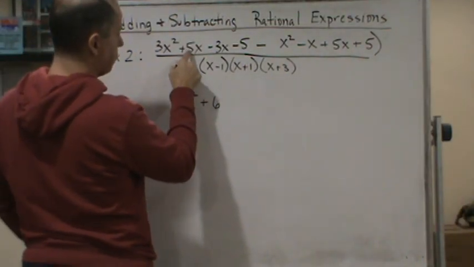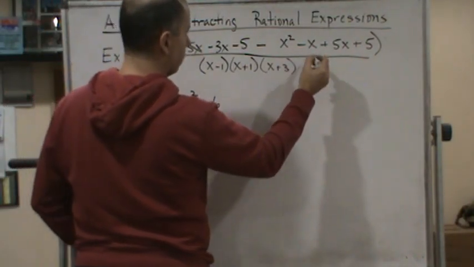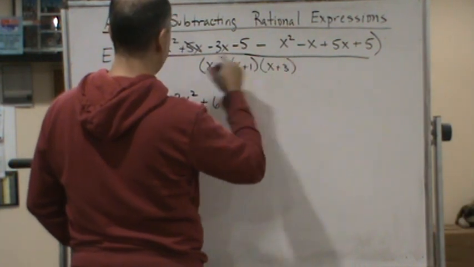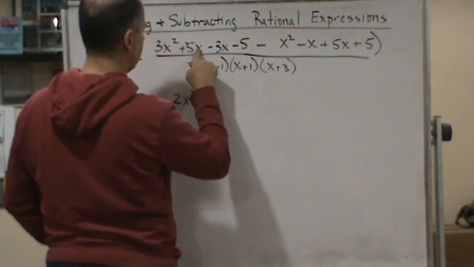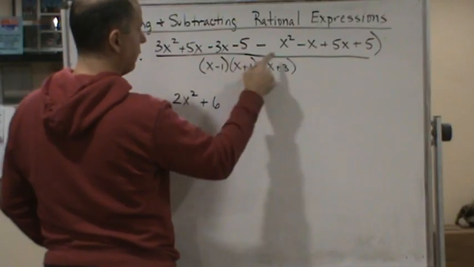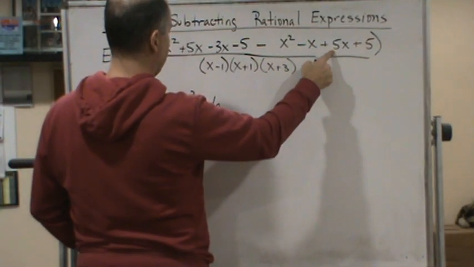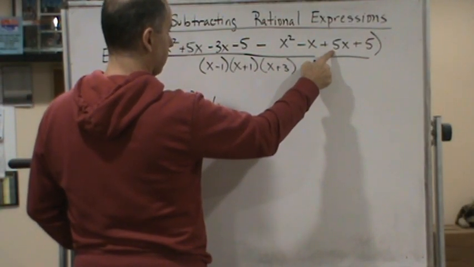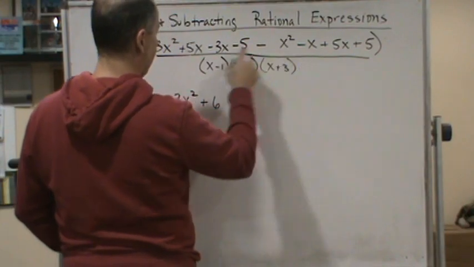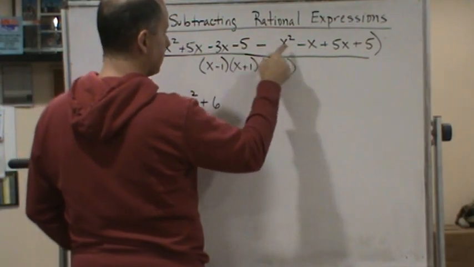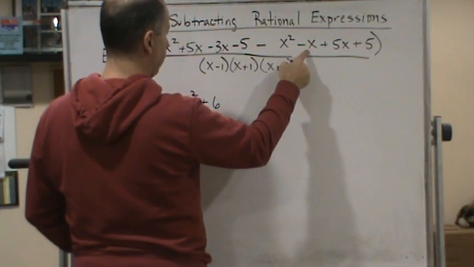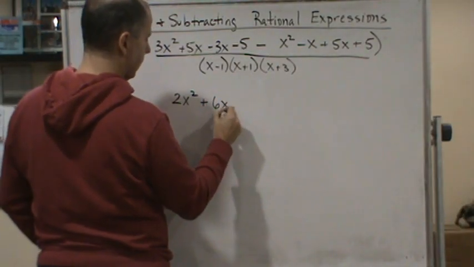So this 5x and this 5x go together. So that gives me 10x. And then this minus 3x minus x gives me a minus 4x, which gives me a plus 6x.